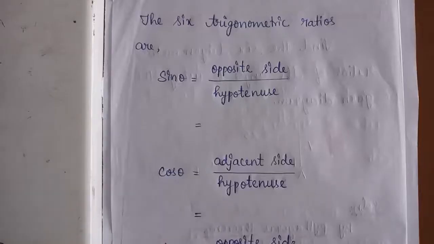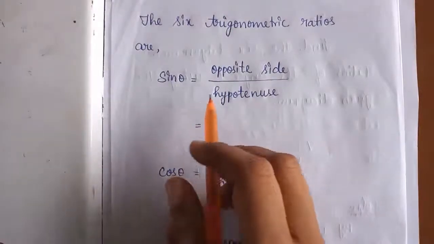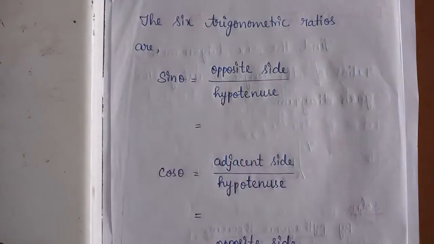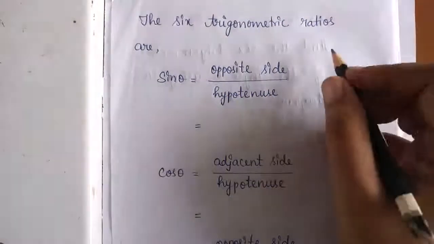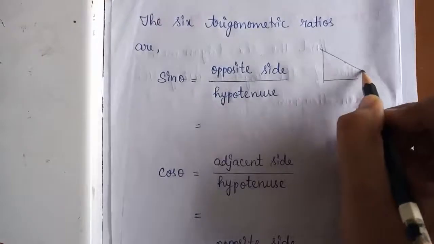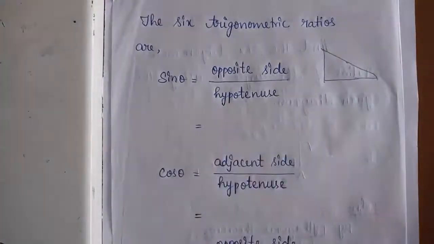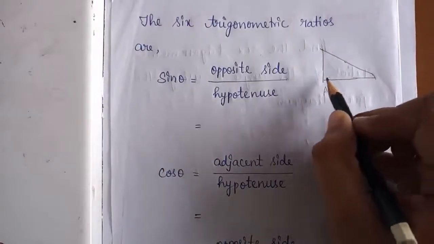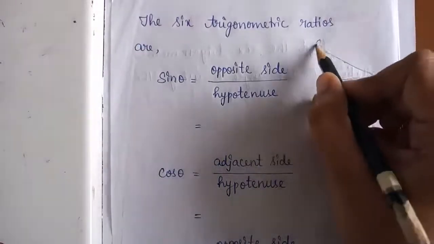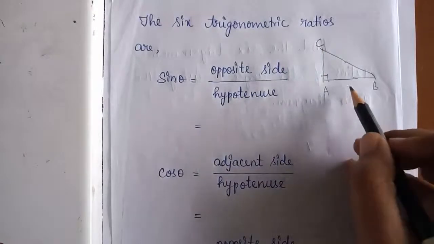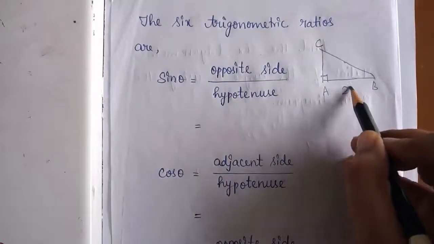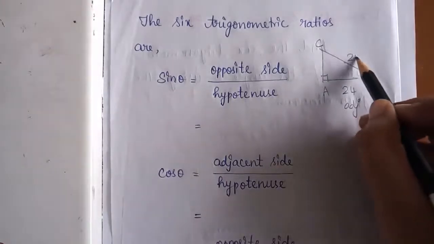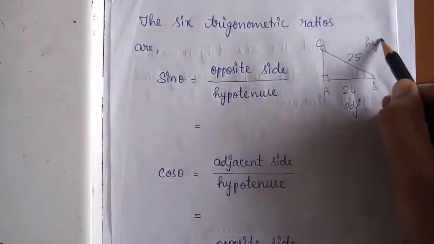The 6 trigonometric ratios are: sin theta is equal to opposite side by hypotenuse. So in the figure ABC, we find the adjacent side is 24 and hypotenuse you have 25.